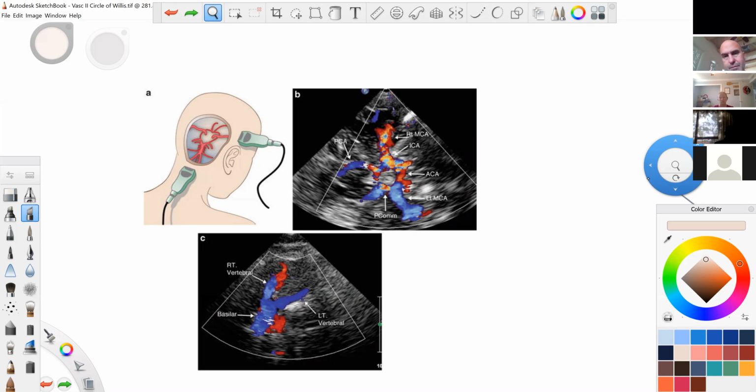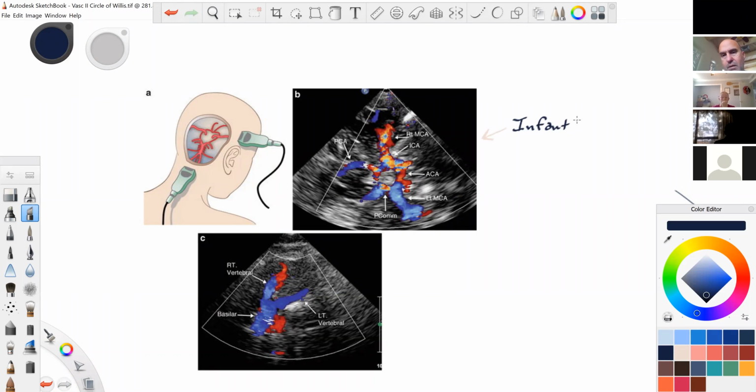Now, I could almost guarantee you that this is an infant, because we never see this well.